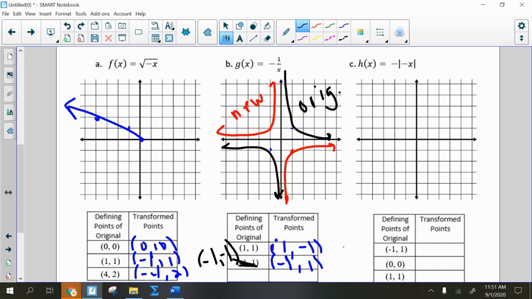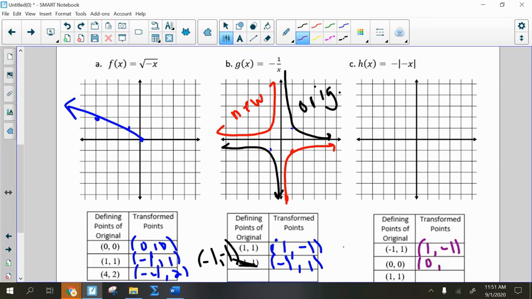Okay. All right, so I'm going to go ahead and do this. I'm going to graph it, and then maybe this will help guide you on what your answer would be for up above. So here's my defining point for my absolute value function, and I've got changing the x to negative, changing the y to negative, or changing them to be the opposite. So this becomes positive 1, negative 1.